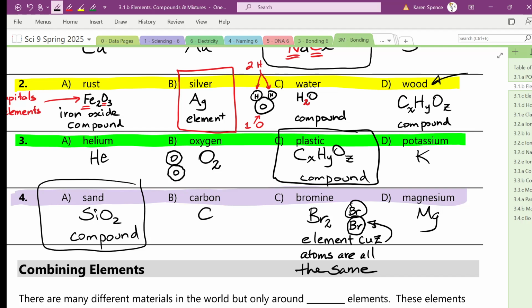I think they're the same. No, they're not. Look. Is this a replay? Anyway.